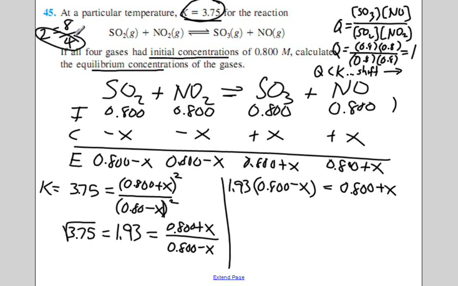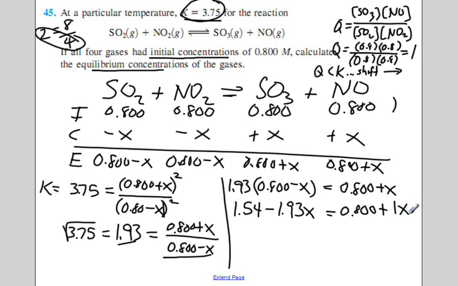The same logic, 1.93 times the stuff on the bottom gives me the stuff on the top, right? So you grab your calculator, expand the stuff in the brackets, 1.93 times 0.8, 1.54 minus 1.93 times x equals 0.8 plus 1x.